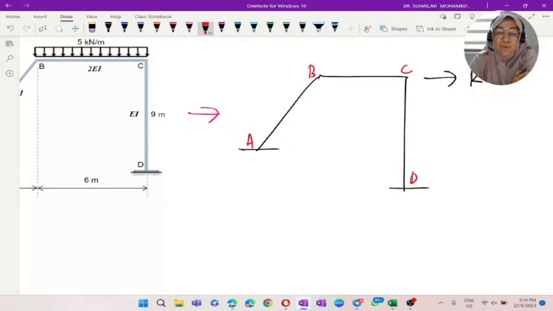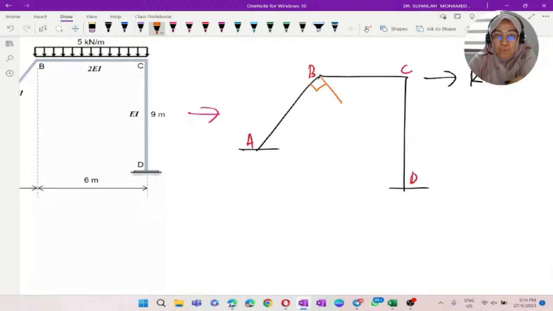So what we just need to do is sketch the new position of B and the new position of C, because A is fixed and D is fixed. Due to Sidesway, B and C will move to a new position. We can illustrate it like this. B will move to the new B position, so this is 90 degrees.